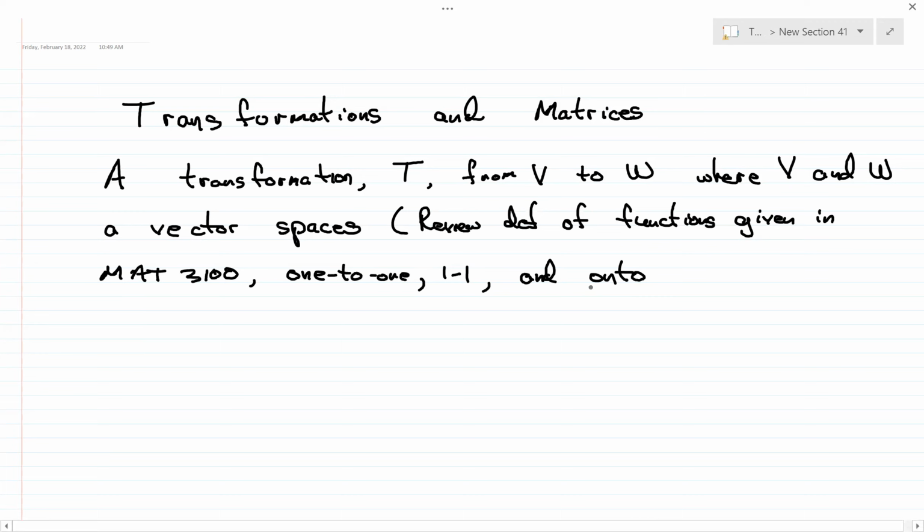These things have other names. This is called, I have to think about it. One of them is injection. And what is the other one? Surjection. So surjection is this one.